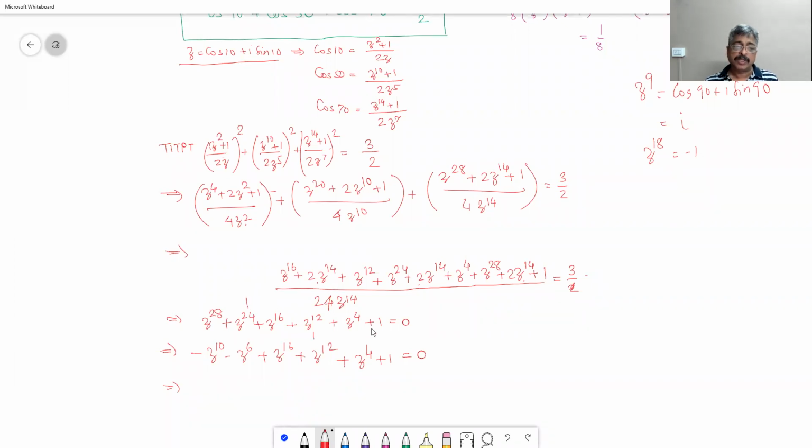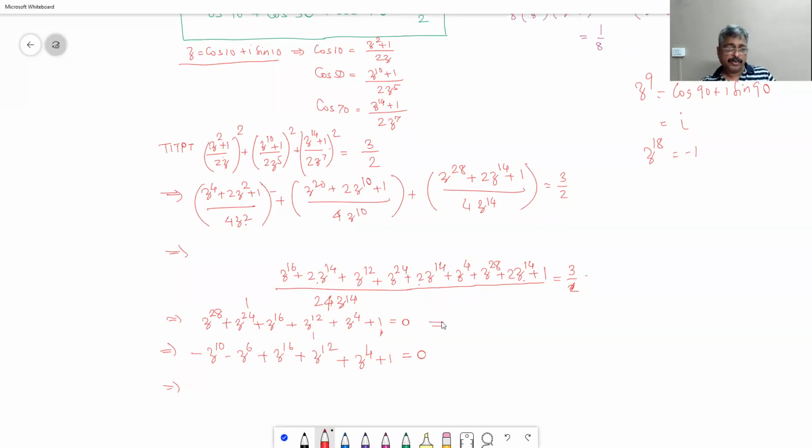This plus this plus this is equal to 0. Yes. And we can multiply z raised to the power of 4 with omega squared to get z raised to the power of 28, and then with omega to get z raised to the power of 16, and then z raised to the power of 4 into 1.